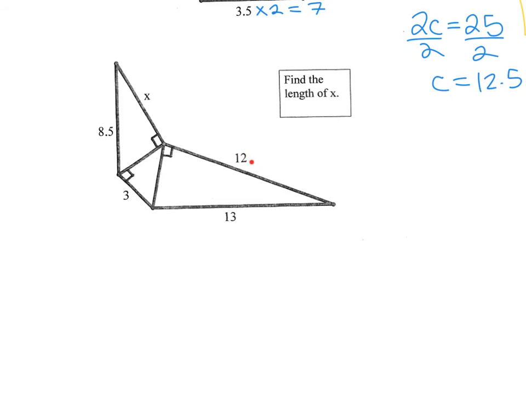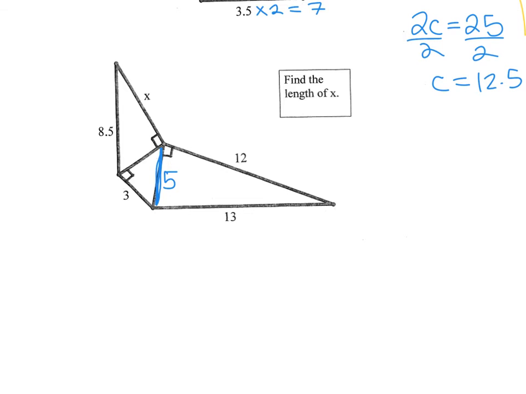I have 12 and I have 13. And because this one is across from the right angle, this one is our hypotenuse. So do I have a right triangle that has a hypotenuse of 13 and a leg of 12? And the answer is yes, it is a 5, 12, 13 triangle. Falls into that family. So this side is 5.